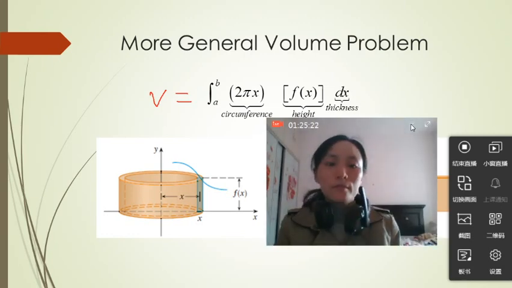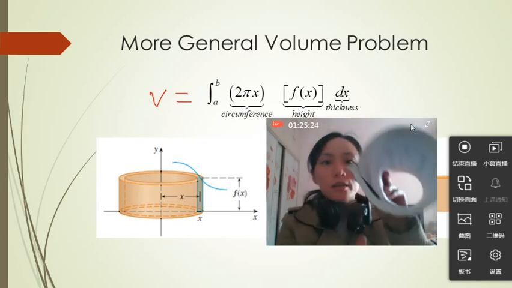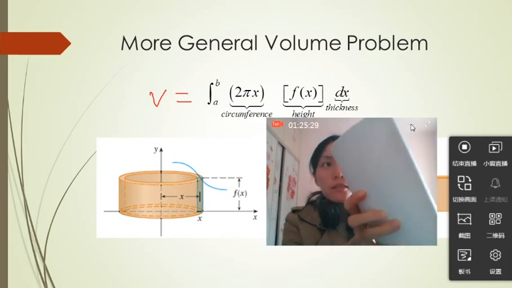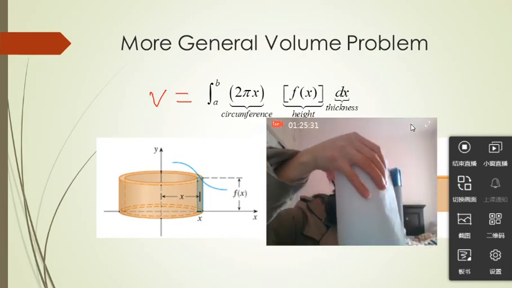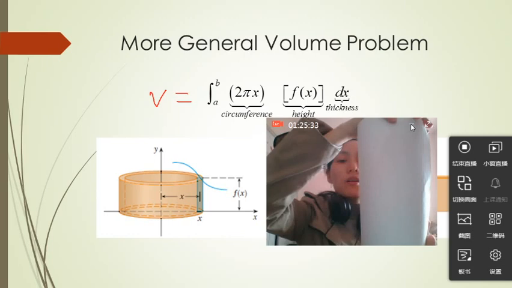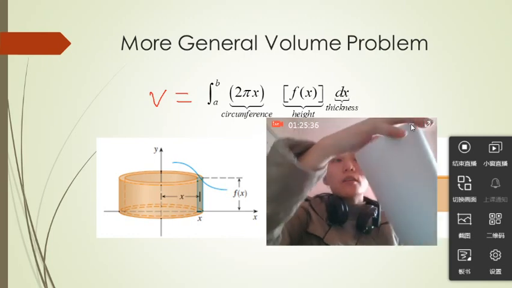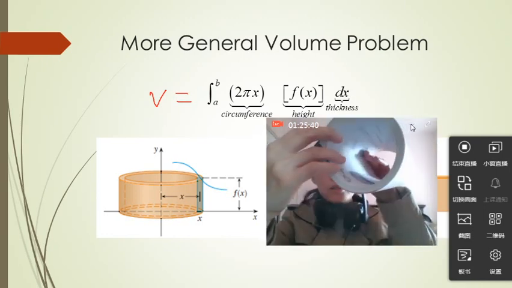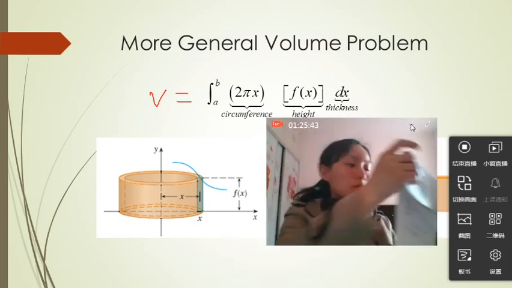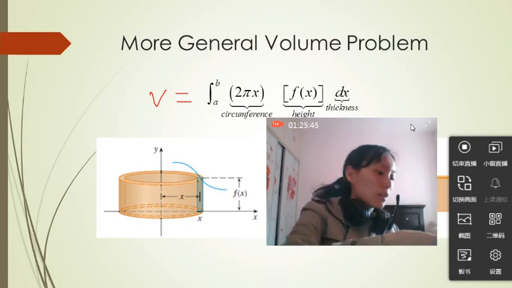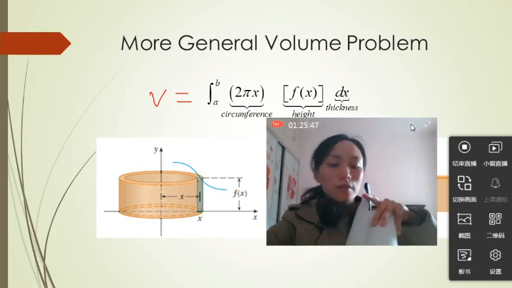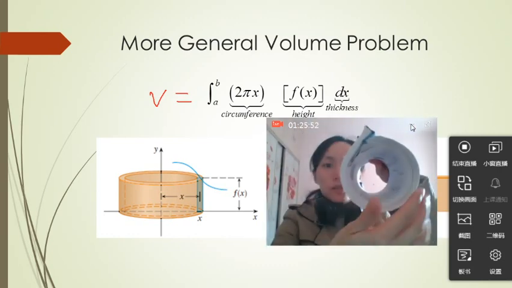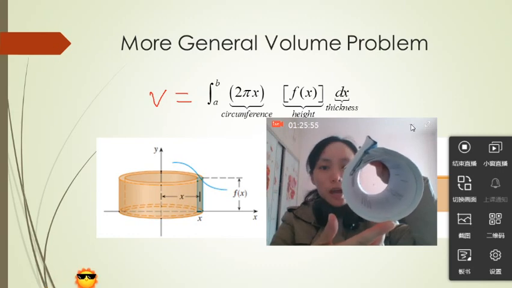So this is like the shell we are talking about today. This is the cylindrical shell, okay? With the outer radius, this part shows the outer radius, right? You understand it's a shell. So we have the outer radius and then the inner radius, right?